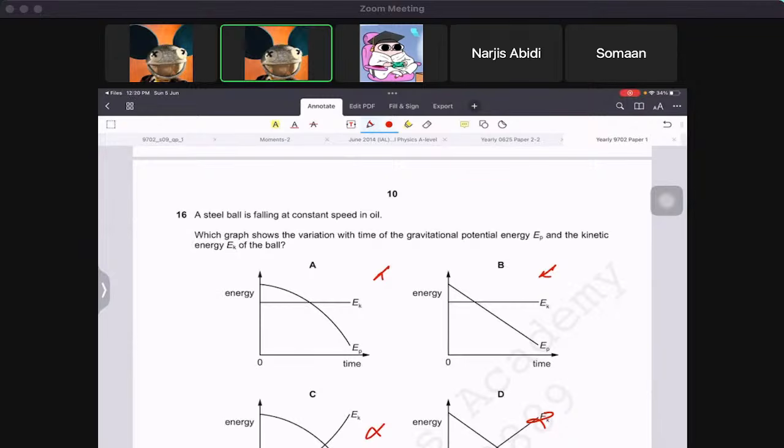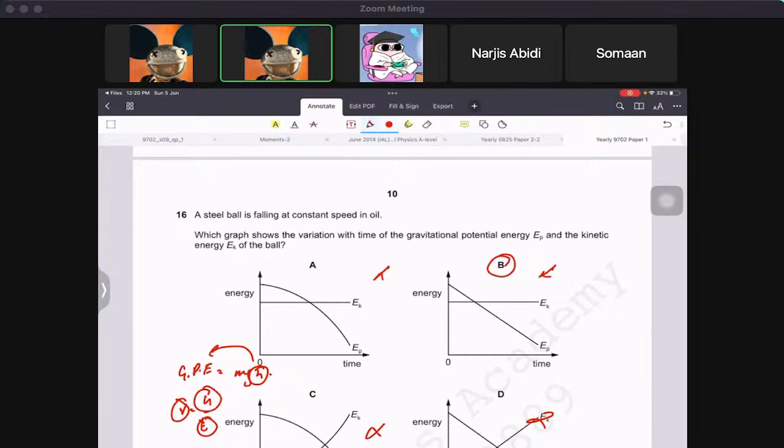Now both show the decrease, but what will it be? Gravitational potential energy depends on mgh, so it depends on height, and now we need to check whether height is decreasing at a constant rate or not. So velocity is equal to distance over time or height over time. So for each second, velocity is constant, so height will also change at a constant rate, which means this should be the answer.